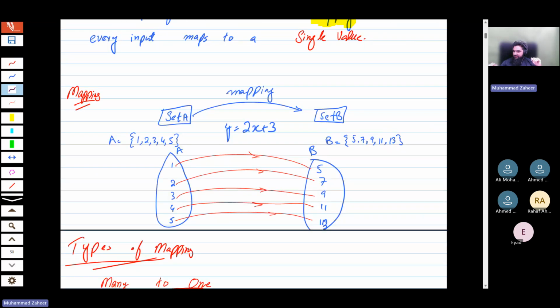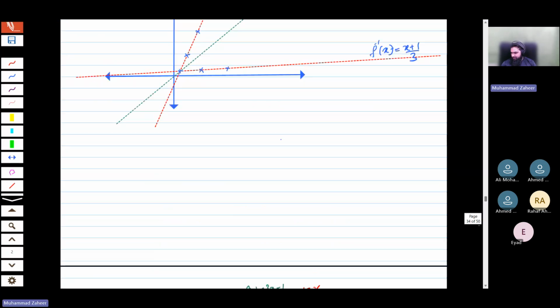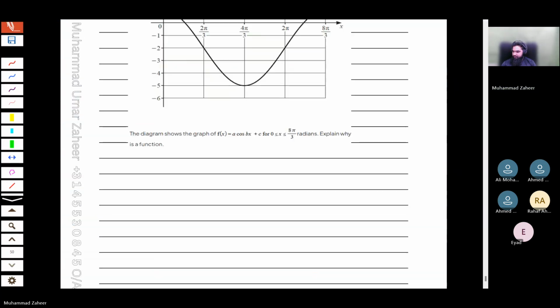In the very start of the first lecture, I told you what a function is. A function is a mapping where every input maps to a single value, or a unique value. So now look at this one.